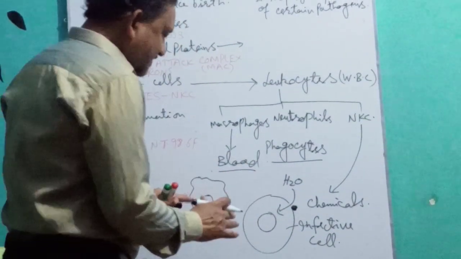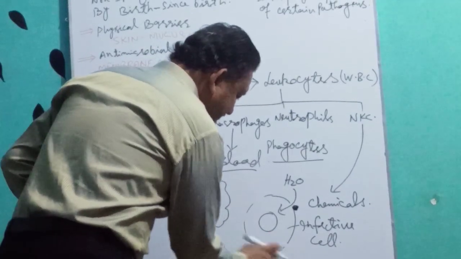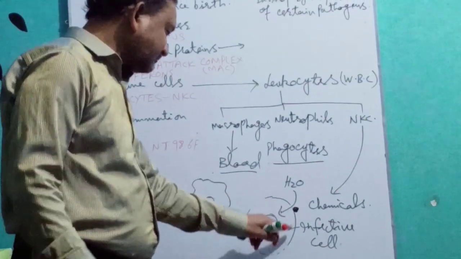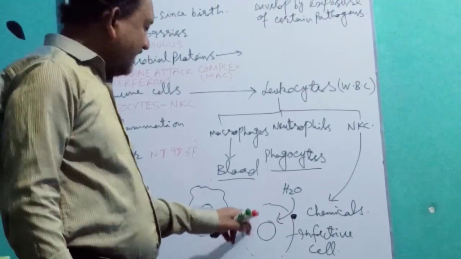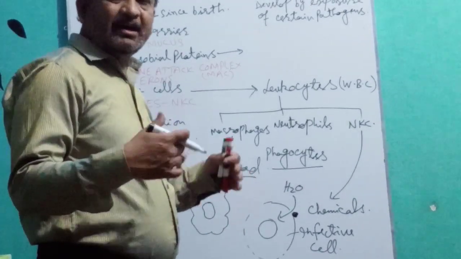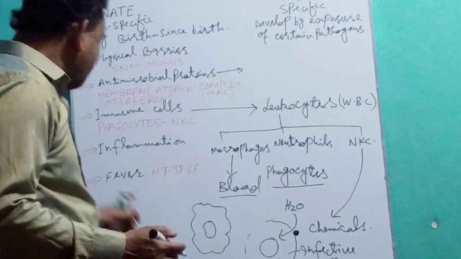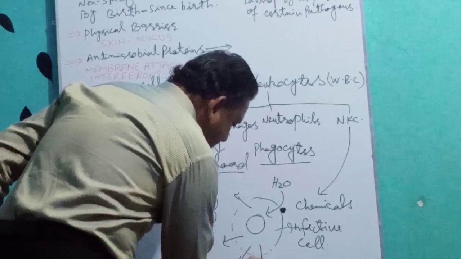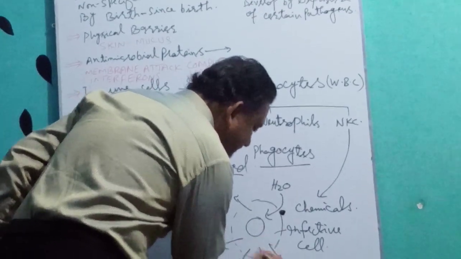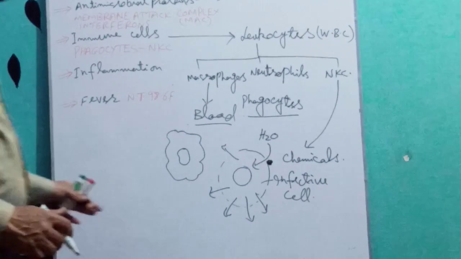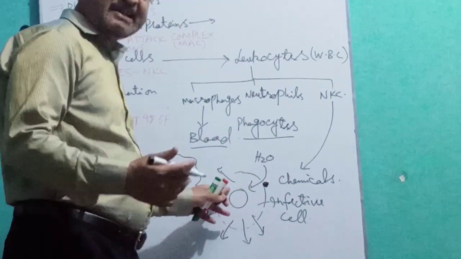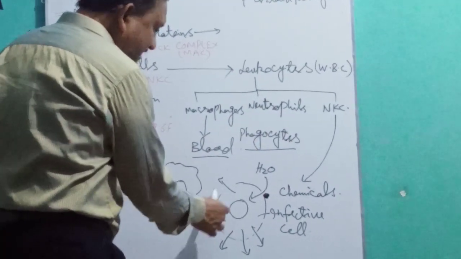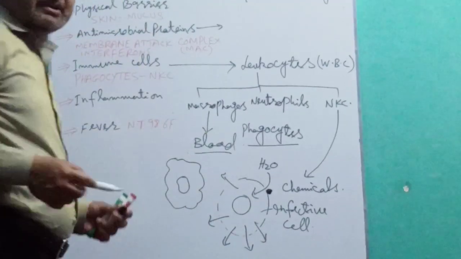When the cell bursts, the microorganisms which infect these cells, and whose growth is 100,000 and sometimes millions, come out. The microorganisms come out from this bursting infected cell, and the macrophages and neutrophils ingest and engulf these microorganisms.